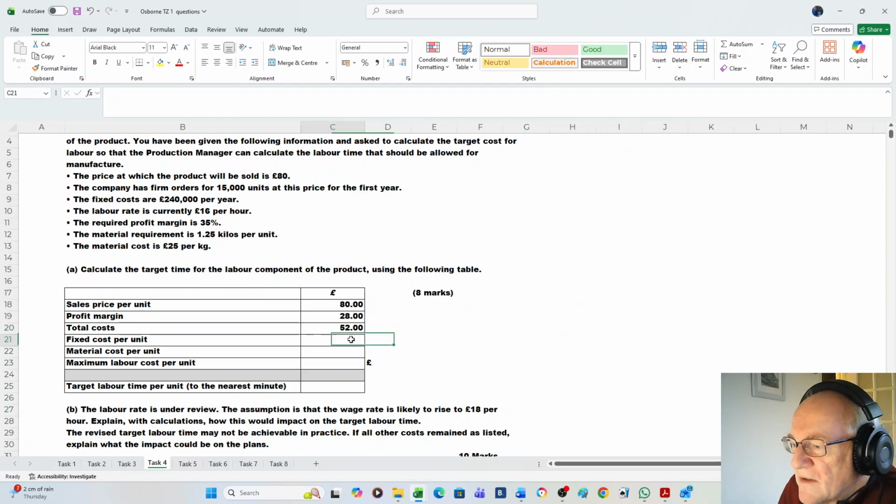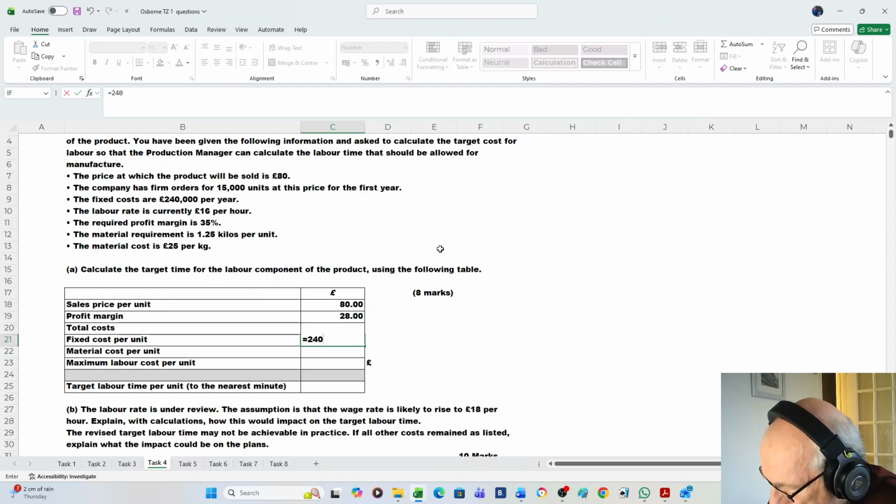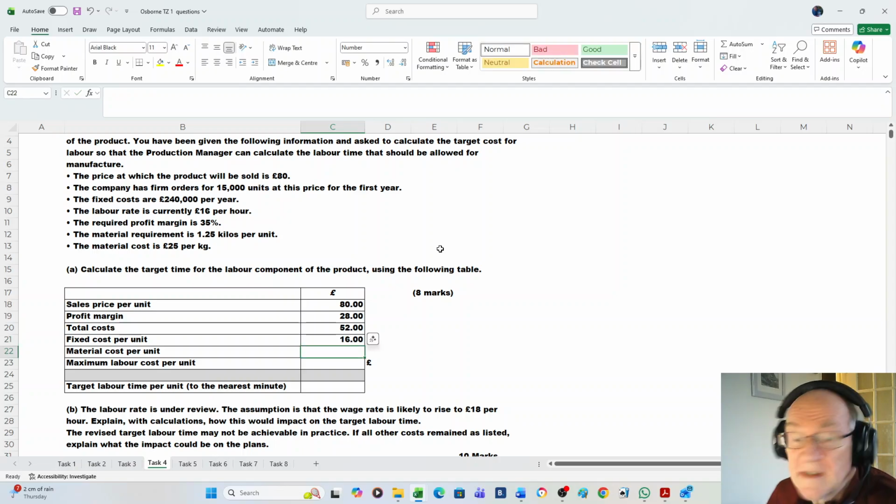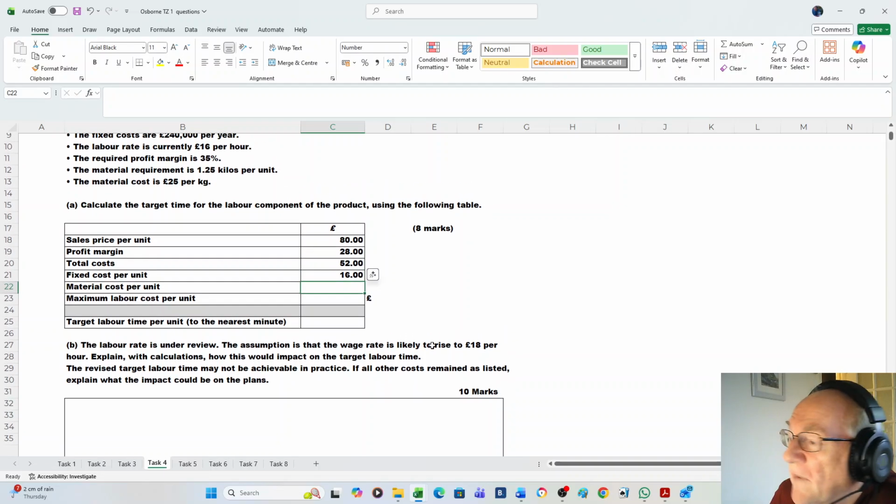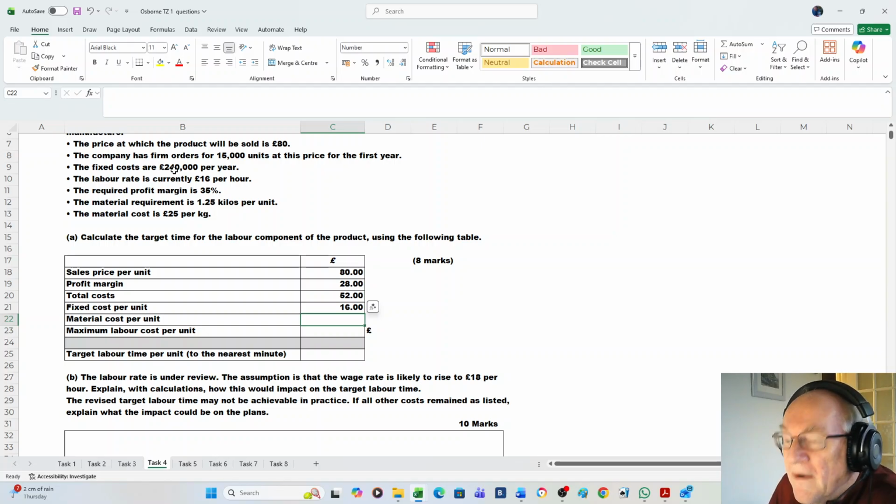So the fixed cost per unit, it's 240,000 a year for 15,000 units. So £16 per unit. Obviously that's very descriptive, there's a written bit coming up, might want to remember that one. 240,000 is a very ballpark figure, 15,000 is a very ballpark figure.